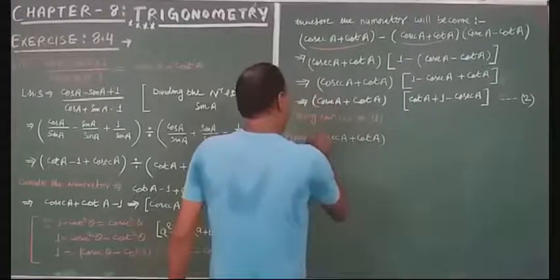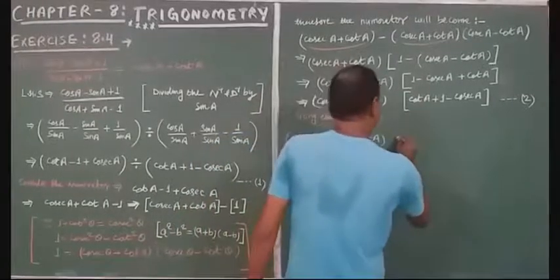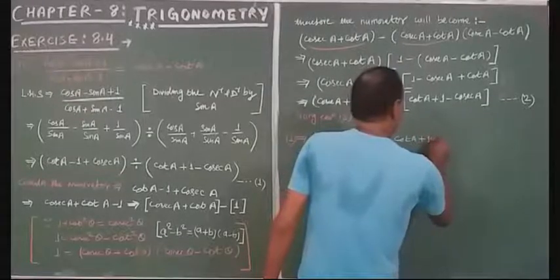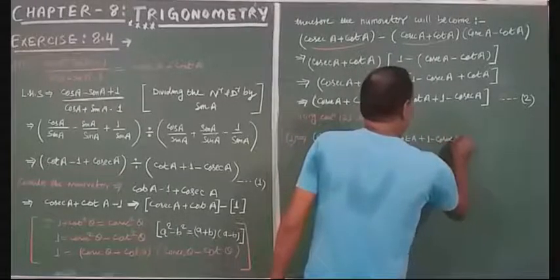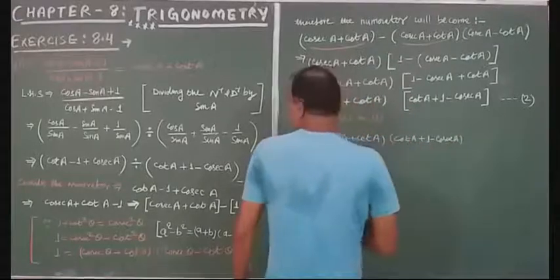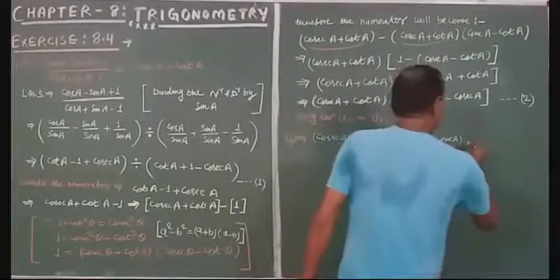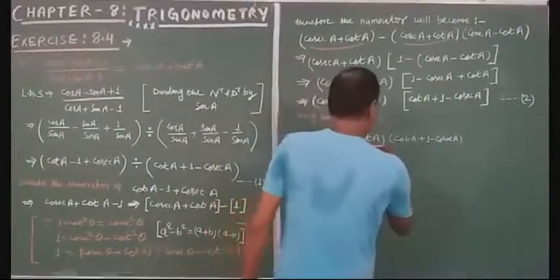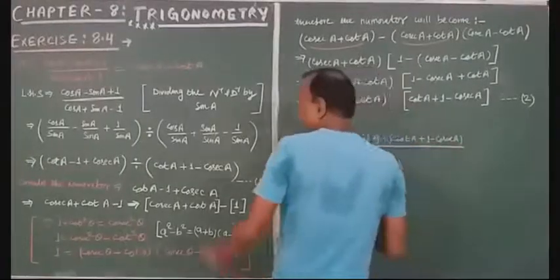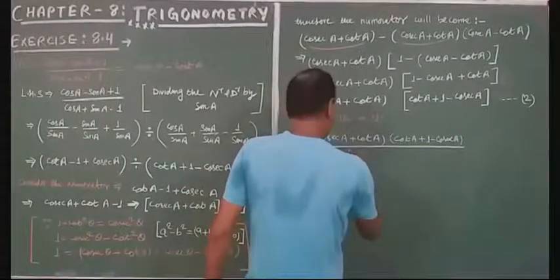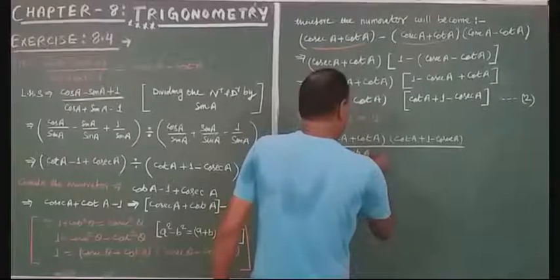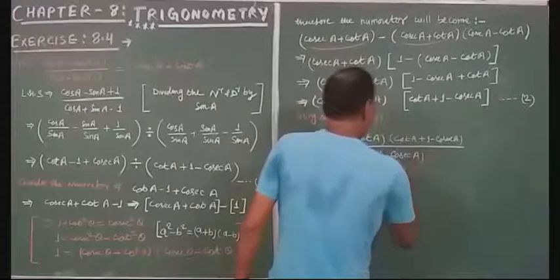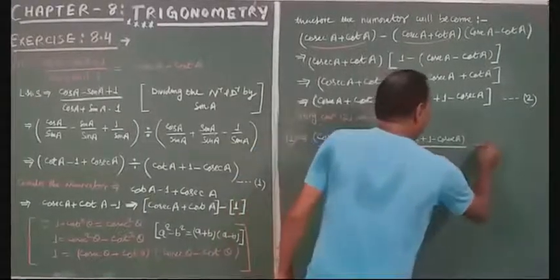Cot A, and what is there? Cot A plus 1 minus cosec A, and this is divided by cot A plus 1 minus cosec A. Now just look here.